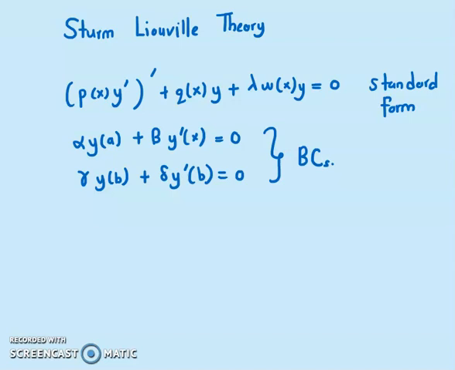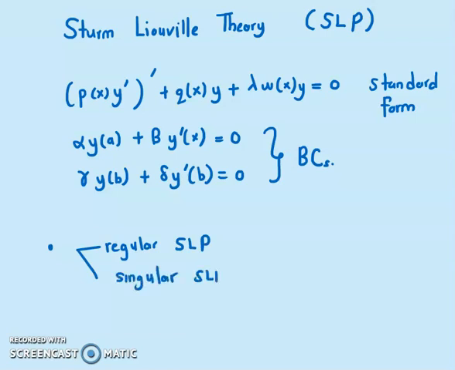Okay, there are two types of Sturm-Liouville problem, so we will call it normally SLP, Sturm-Liouville problem. One type is the regular SLP, and the other one is the singular SLP.